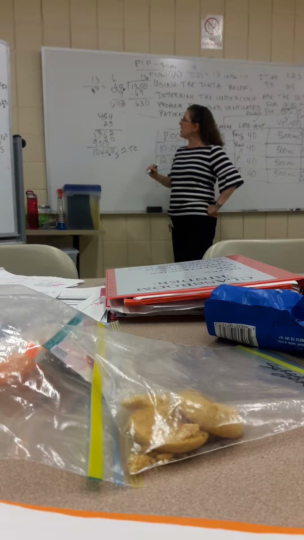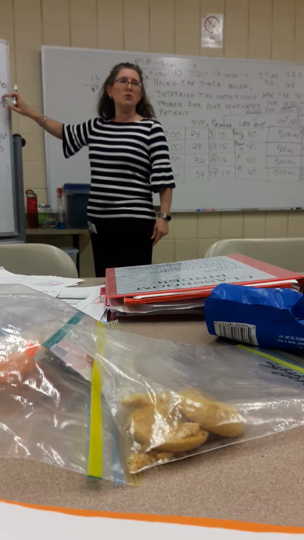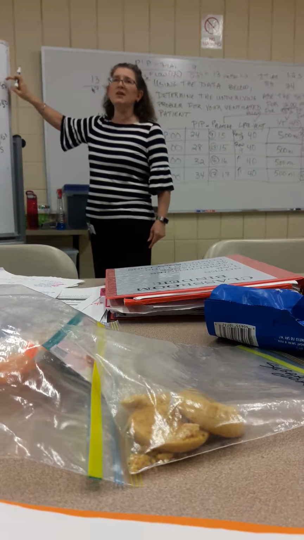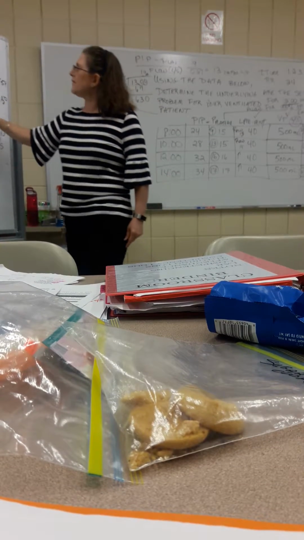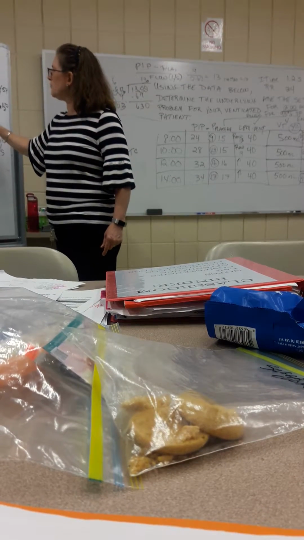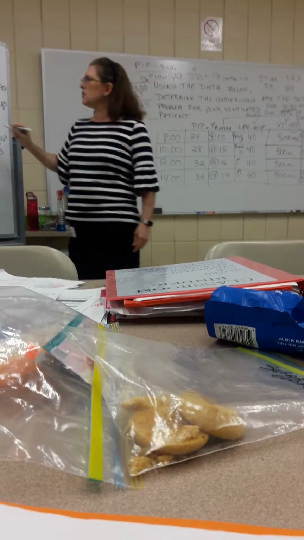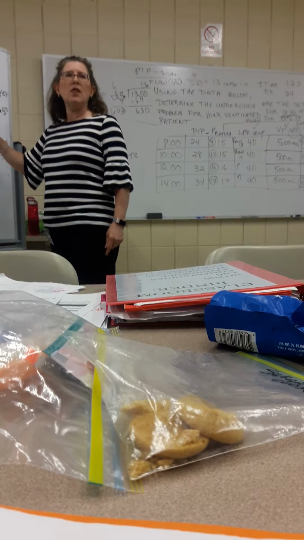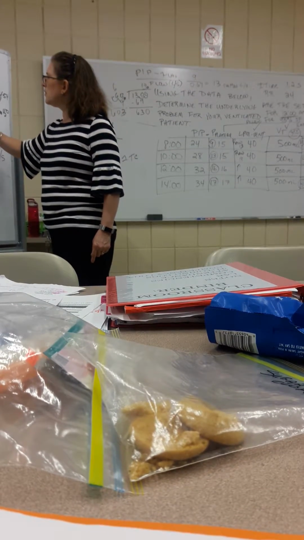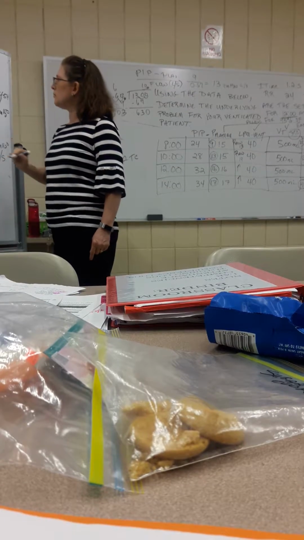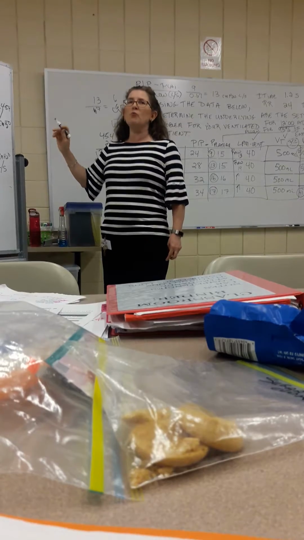Because to do our time constants, this has to be in liters per minute. So I have to convert 45.4 mils to liters. All I'm going to do is move my decimal point 3 places to the left. 1, 2, 3. You wouldn't do it first with the 500? You can. Oh, okay. I was thinking that when you were doing it.